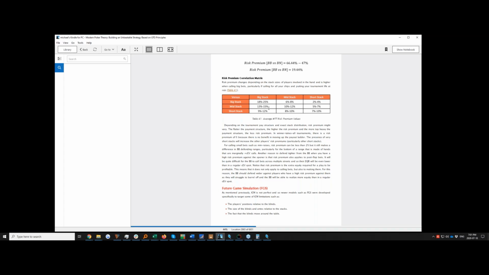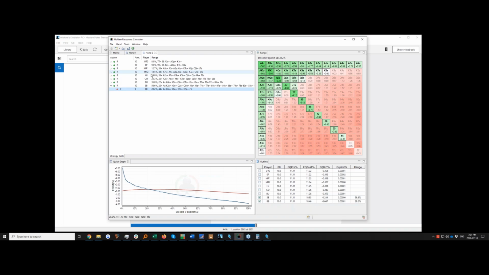Now, this is pre-flop. Also looking at this, comparing calling off the small blind from the big blind in an ICM situation compared to a chip EV situation, you just have to be so much tighter. So in general, pre-flop be tighter.